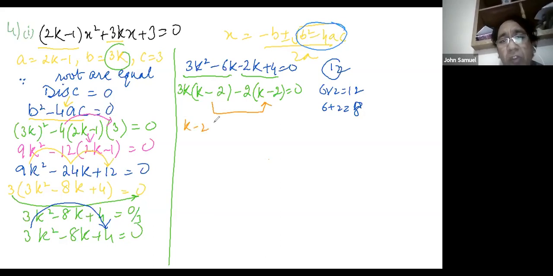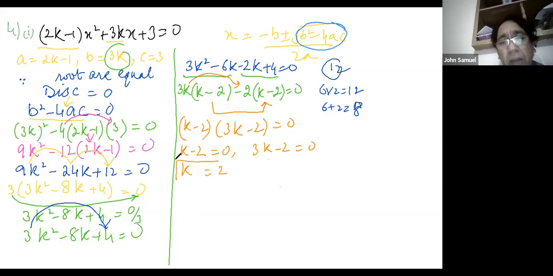One factor is k minus 2, whereas the other one is 3k minus 2, and the product is equal to 0. So both factors are equal to 0. We can write k minus 2 is equal to 0, and similarly 3k minus 2 is equal to 0. We can shift the constant to the other side.